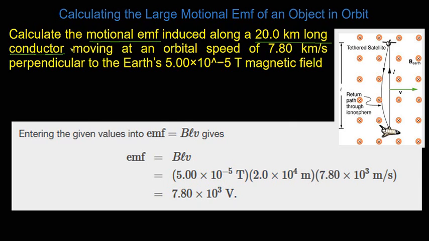So this is a straight wire which is 20 kilometers long. It's a very long wire, and it's in outer space, and it's moving at a very high speed of 7.8 kilometers per second. And essentially, as you see in the picture, this wire is holding a satellite to a space shuttle.